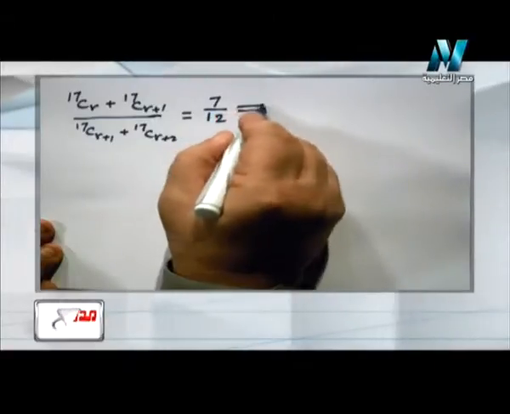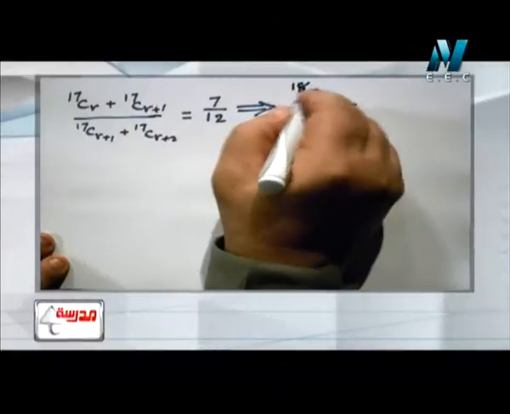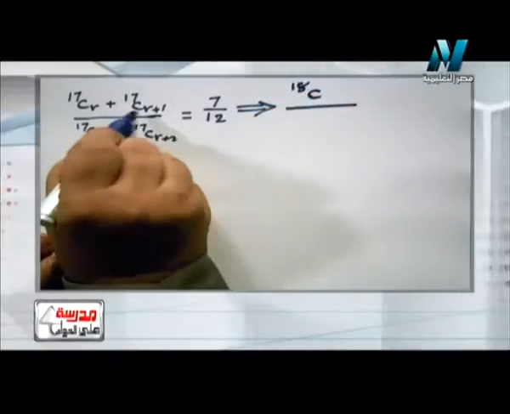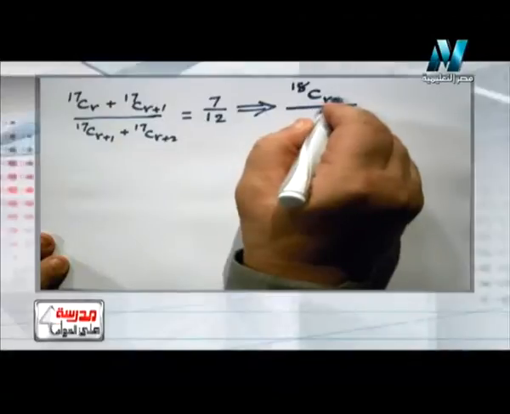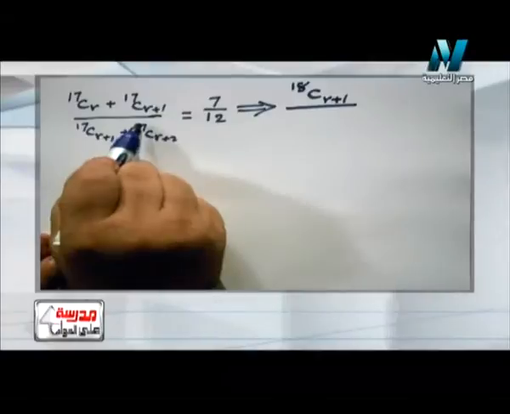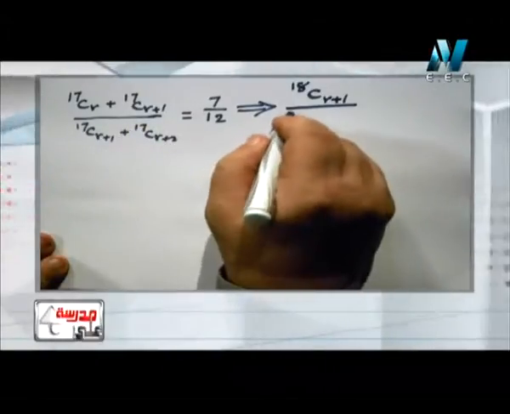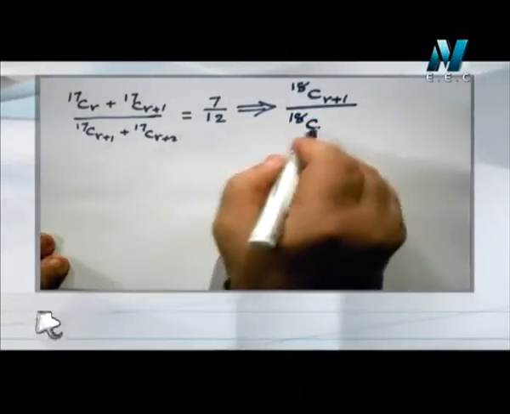Same idea. In the numerator, 17CR plus 17CR plus 1 is equal to what? It is equal to 17 increased by 1, which is 18, C the greater R between them, which is R plus 1, over 17CR plus 1 plus 17CR plus 2, then 17 increased by 1 is 18, C the greatest R between them, which is R plus 2.